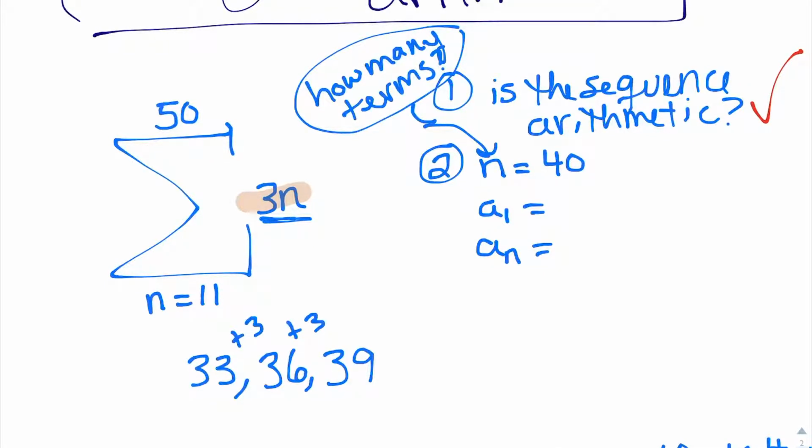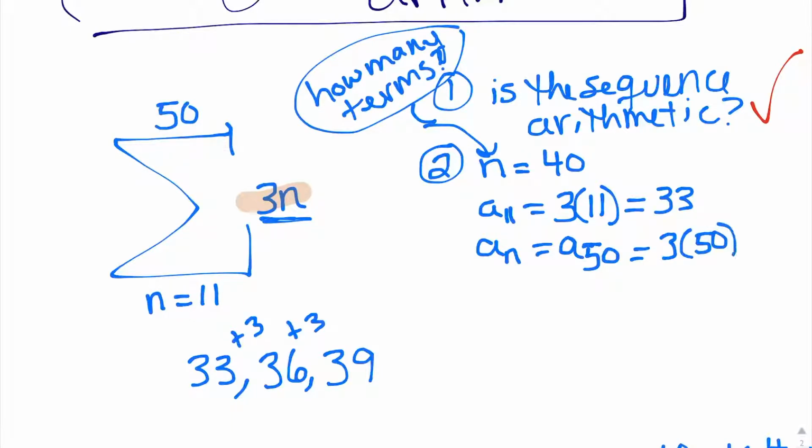My a sub 1, well, in this case, the very first term is going to be the a sub 11, and a sub n is going to be a sub 50. So a sub 11 would be 3 times 11, which is 33. And a sub 50 would be 3 times 50, which is 150.